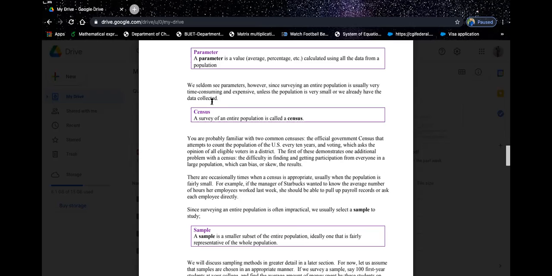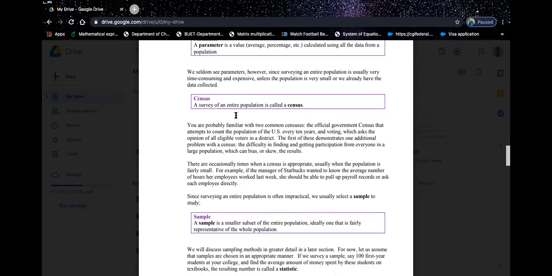But what if we are considering a sample, not the entire population, like picking up 20 trouts from the lake? If we are collecting data from a sample, then this value, whether it's the average or percentage or whatever it is, is called the statistic, not statistics.